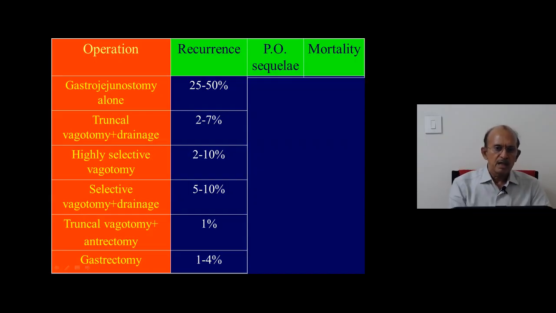Some surgeons say gastrojejunostomy is not a surgical procedure, it is a disease. We are making the patient get relief from duodenal ulcer pain, but get the discomfort and dyspepsia of gastrojejunostomy. So gastrojejunostomy doesn't completely relieve the symptoms.